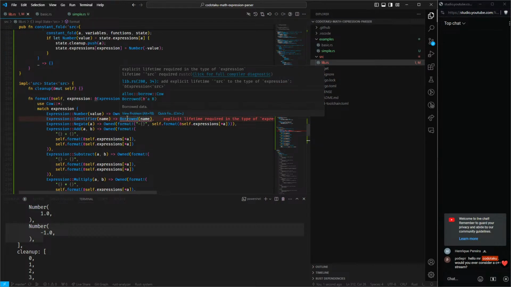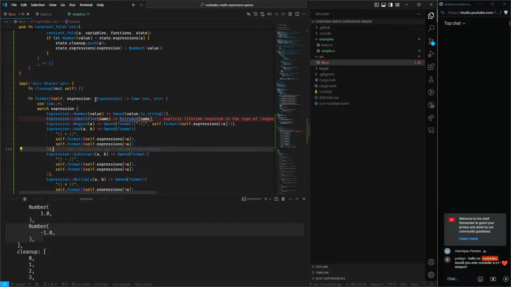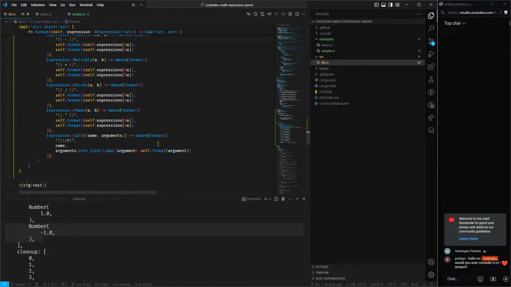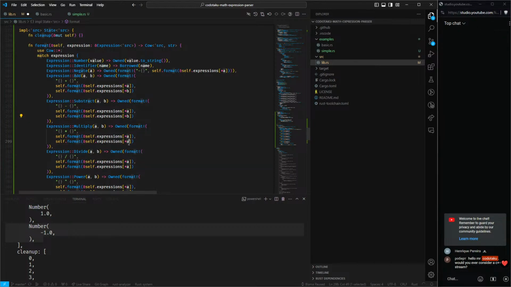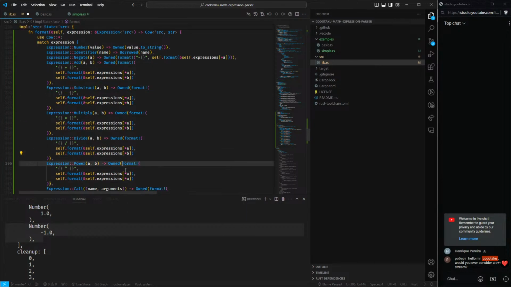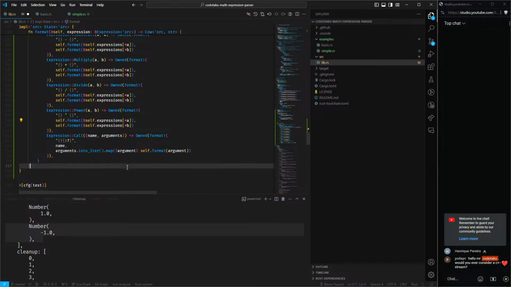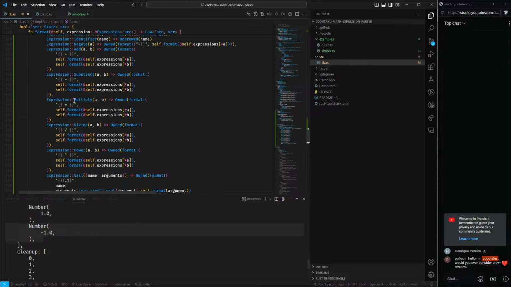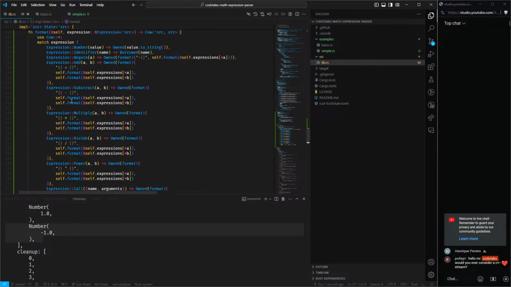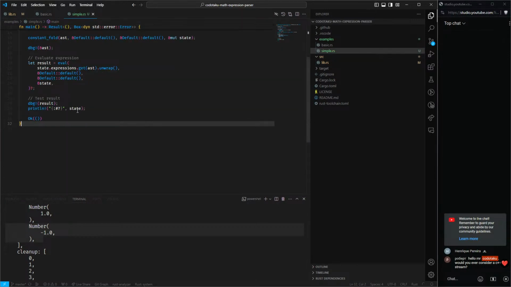Anyways, explicit lifetime required in the type of expression. Oh crap. Okay, I see. Is that what you need? I think so. Alright, so let me just make sure this gets fixed. Alright, let's try this out, hopefully.